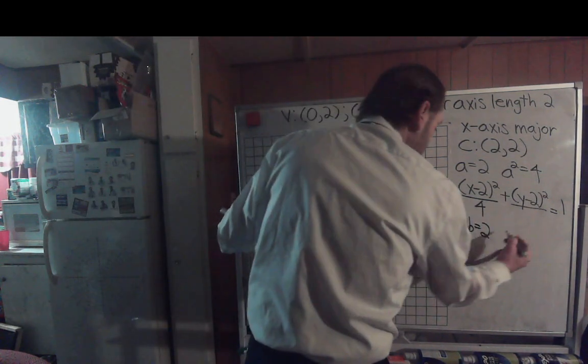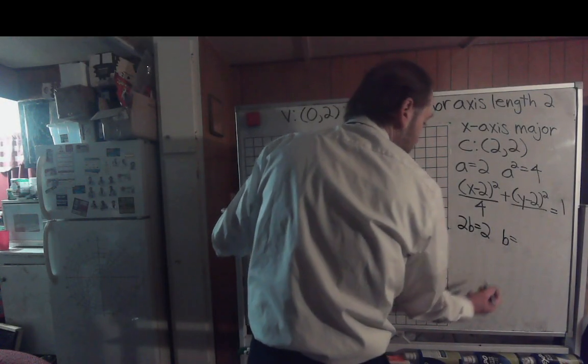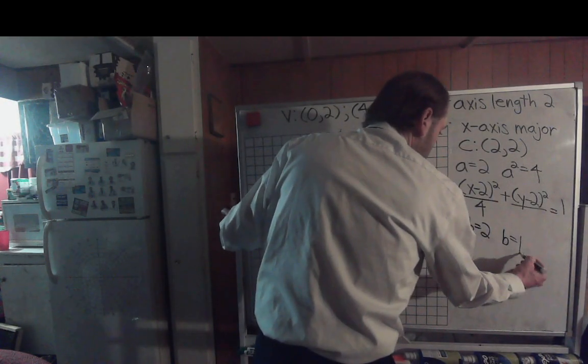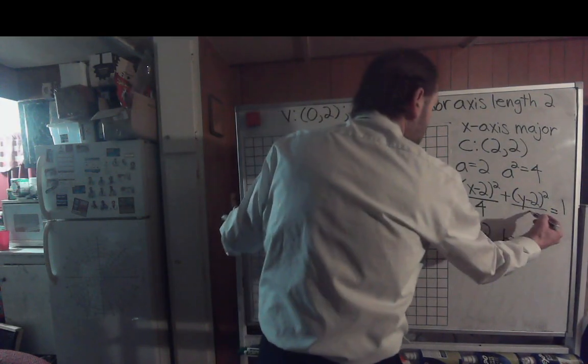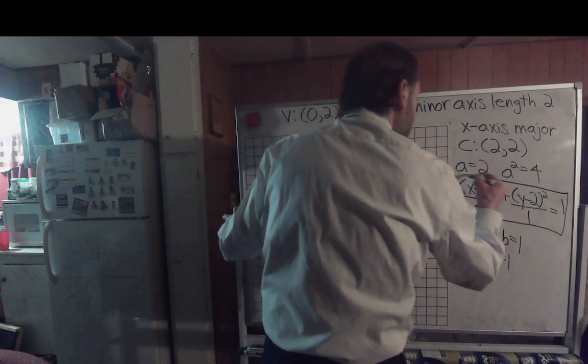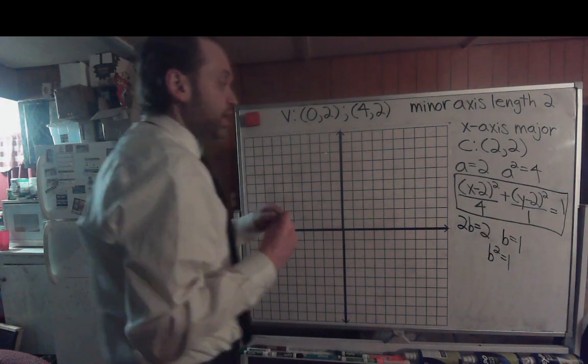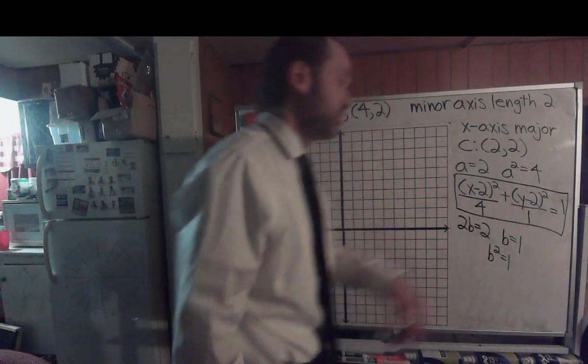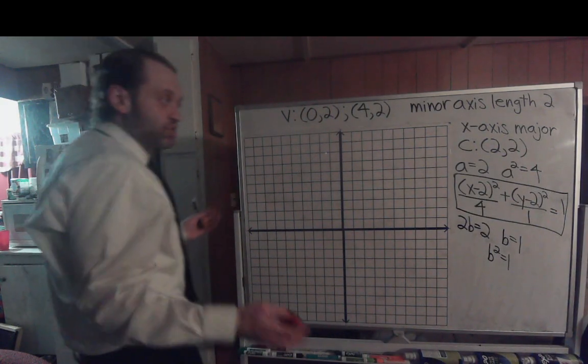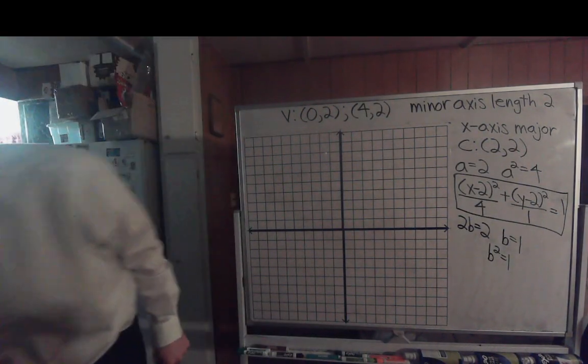So to find b, you take half of 2b, which equals 1, so b equals 1, and b squared equals 1. So the equation is x minus 2 squared over 4 plus y minus 2 squared over 1 equals 1. That's actually not too bad either.